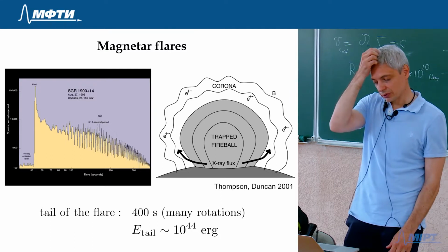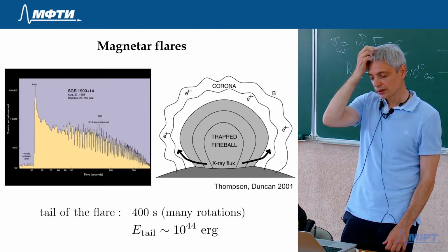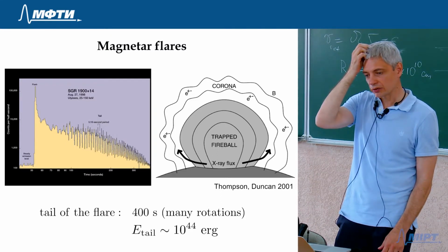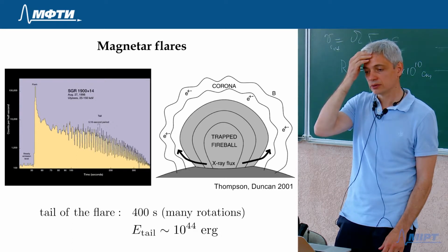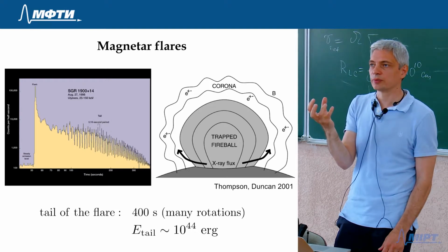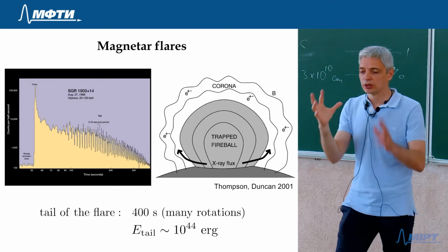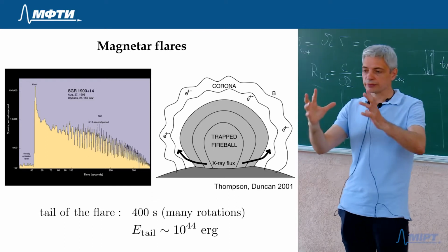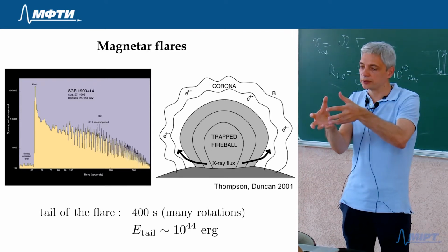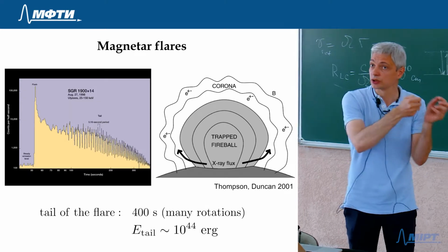Now let me talk a little bit about the tail first. So the only way to have a rotationally modulated bright emission is to confine the source of the plasma, the source of the plasma emitting radiation. So if you have magnetic field that is strong enough to hold the bright plasma cloud in place and make it co-rotate with the star, then the source will modulate the emission that you see.